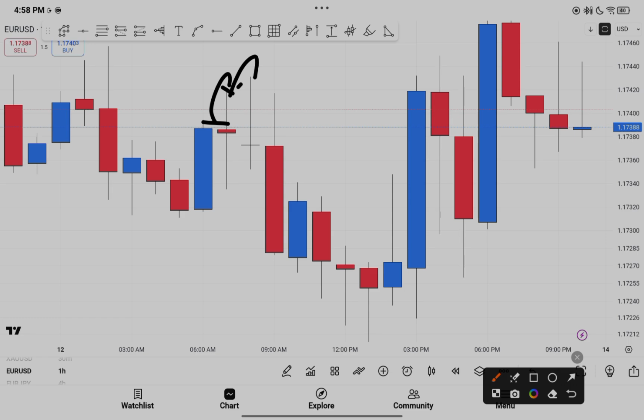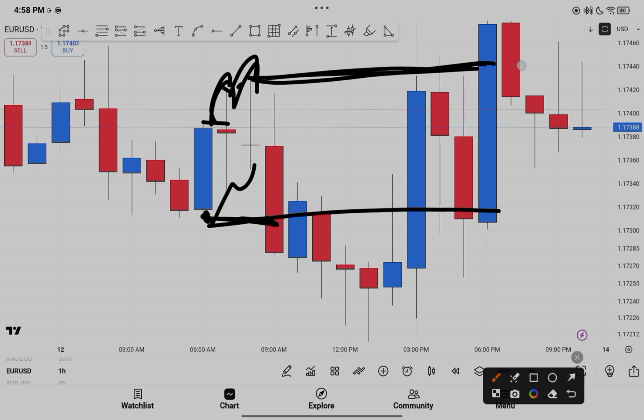So if you are looking at the next high, and if you are looking at the low, it's right here. Do you understand? Because this low is the lowest amongst these three. Then amongst these three, you can see that this is the highest, right?